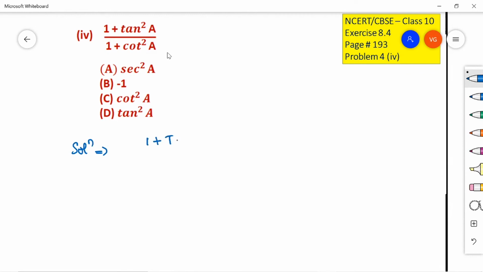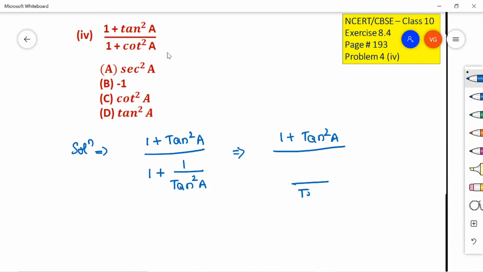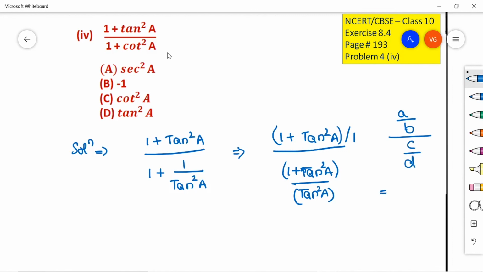So 1 plus tan square A divided by, cot and tan are reciprocal. So I am writing this cot square A as 1 by tan square A. Right? So numerator you can write as it is 1 plus tan square A divided by, denominator here I am taking LCM, tan square A. Right, here you have 1 plus tan square A or tan square A plus 1. Right. So in the numerator I have only one term. If I write 1, so this is of the form here A by B divided by C by D, which we can write as A by B into D by C. Right.